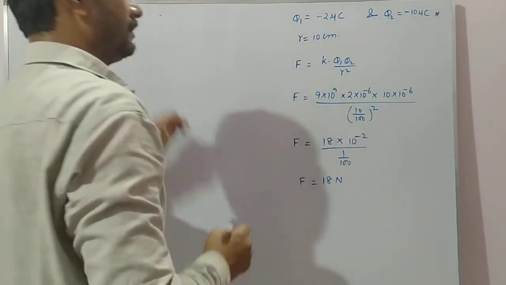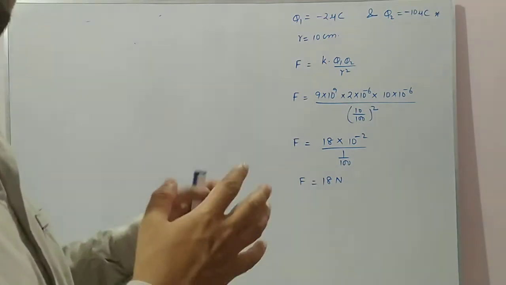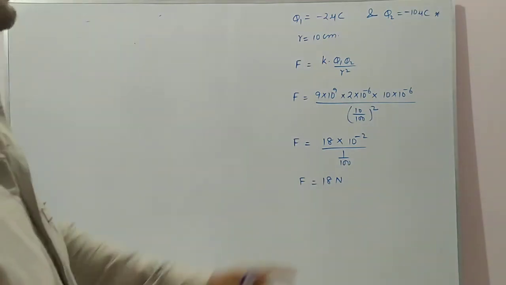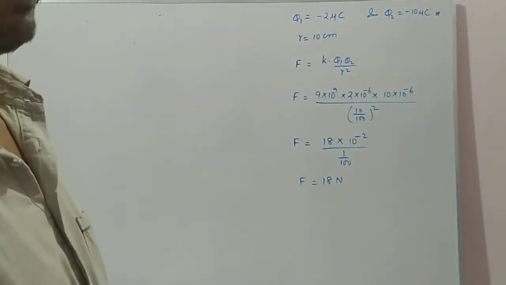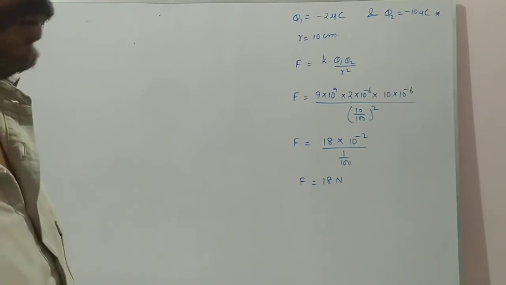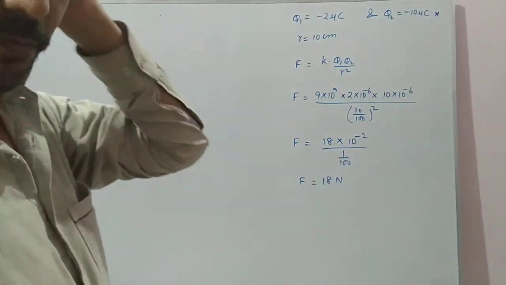So the force is 18 Newton. Both are negative, so repulsive. If both are positive, then also it will be repulsive. If one is positive and the other negative, then it is an attractive force.